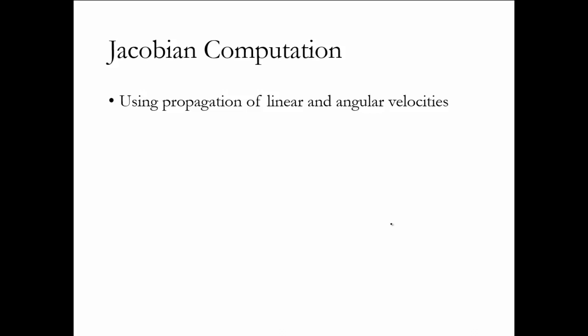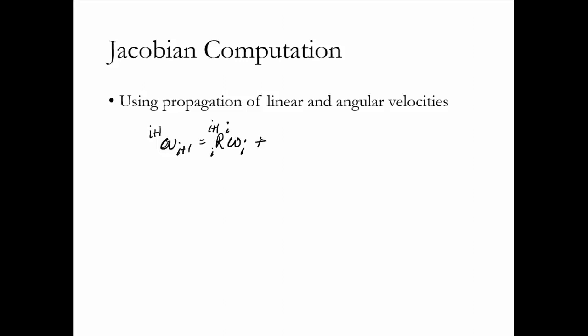Now we can also compute the Jacobian by propagation, using the velocities that we saw in the link velocity propagations. If we do it that way, we have simpler ways of computing Jacobians. We calculate omega, as we have seen earlier: omega i plus 1 is equal to omega i in frame i, with the rotation matrix of i into i plus 1, isn't it?